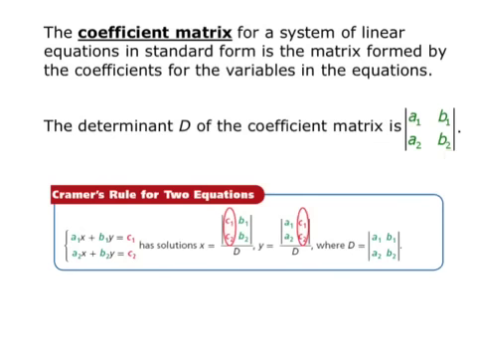Now, when we're solving for x, we replace a1 and a2 with c1 and c2. And when we're solving for y, we replace b1 and b2 with c1 and c2. And D is the determinant of your coefficient matrix. So let's go through an example.